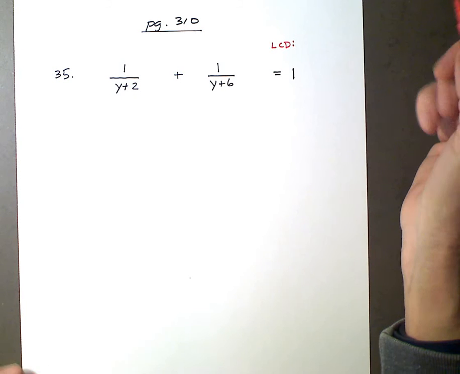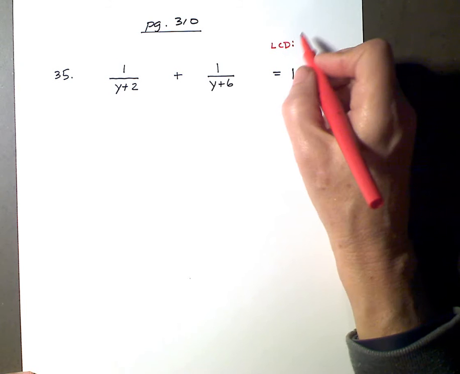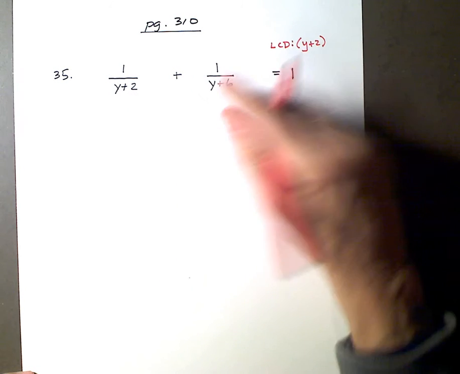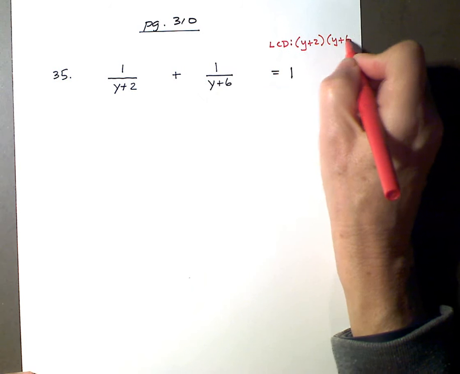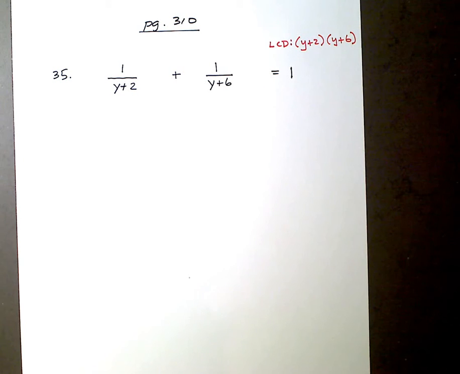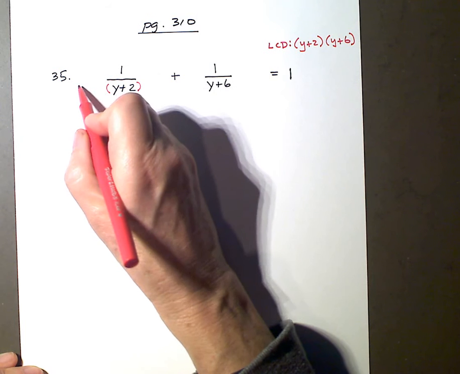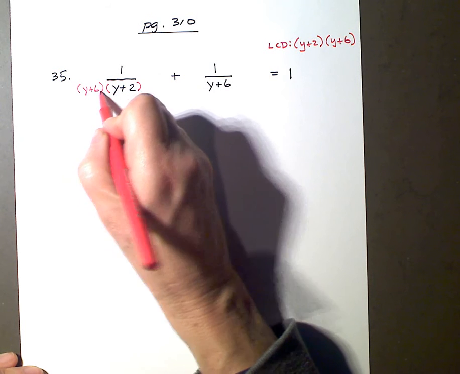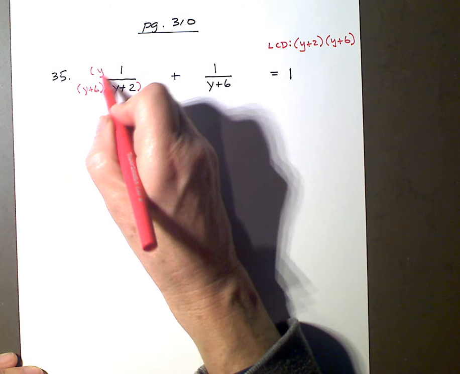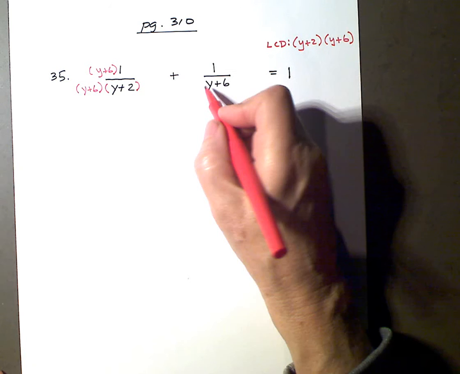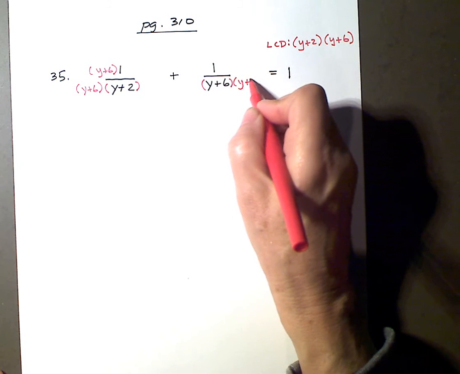and then clearing the fractions. So let's figure that the lowest common denominator is y plus 2 times y plus 6. This term is going to be multiplied by 1 in the form of y plus 6 over y plus 6, and this term is going to be multiplied by 1 in the form of y plus 2 over y plus 2.